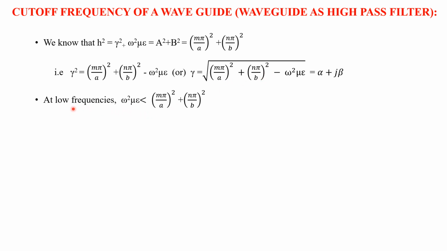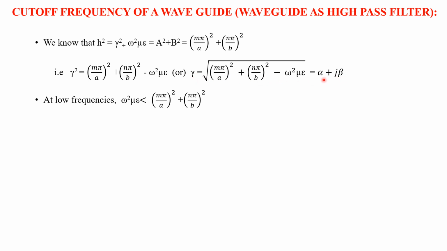Whenever, at low frequencies, omega square mu epsilon is very much less than (m pi by a) whole square plus (n pi by b) whole square, then we can say gamma is approximately equal to the root of (m pi by a) whole square plus (n pi by b) whole square. That is, gamma is equal to the real part, not the imaginary part. Here there is no imaginary part because this imaginary part value is very small, and we can simply neglect it. That means in alpha plus j beta, beta equals 0, that is, gamma is equal to alpha.